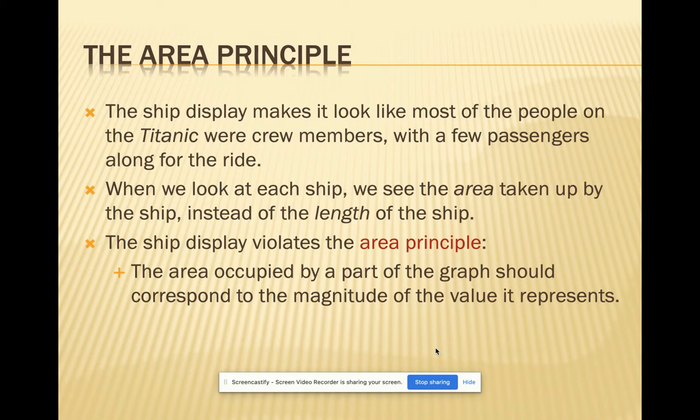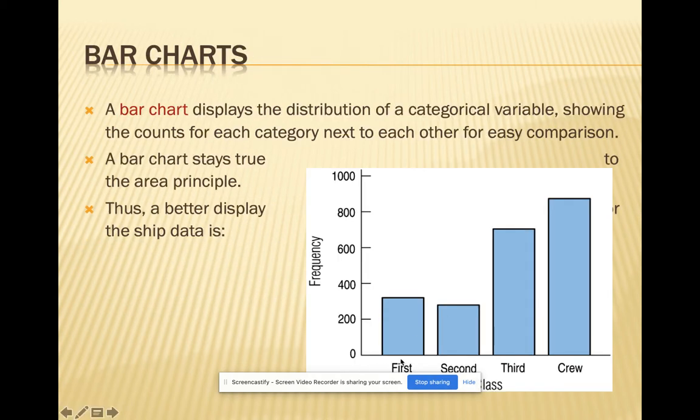So usually if we're doing a bar chart, which we're going to talk about, we fix the horizontal length of each bar, and then we let the height of each bar show the difference between the different categories.